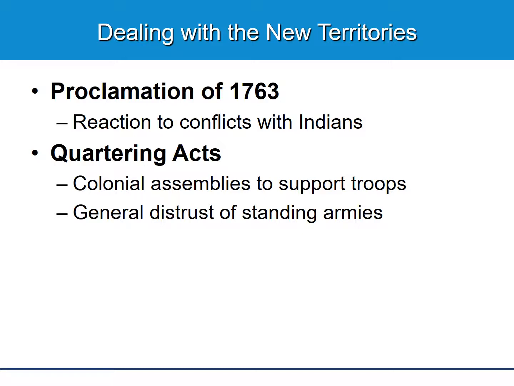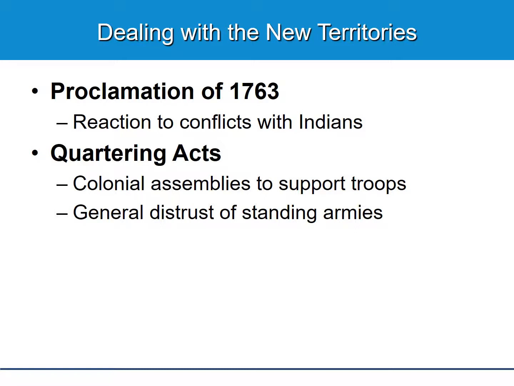But what usually happened was the colonial assemblies had to place extra taxes on their colonies to build barracks for troops, to provide the troops with supplies, blankets, food, those types of things. The difference that we see with the Quartering Acts after the French and Indian War and before the French and Indian War was, before the French and Indian War, the colonists felt like they needed the British to protect them from the French.